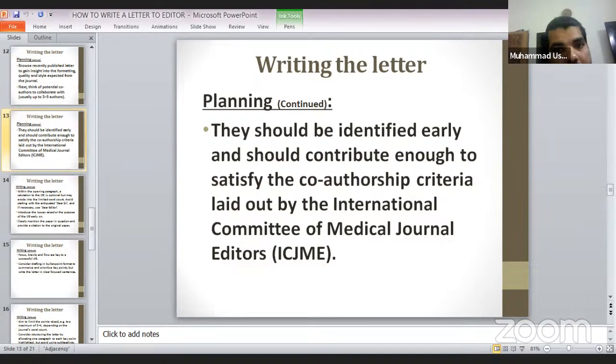There are set guidelines by the ICMJE, the International Committee of Medical Journal Editors, and they have set the criteria that you should not include any person who has not contributed significantly and substantially to be labeled as an author. So if any co-worker says, oh, please put my name in your publication, and you just put his name in the publication, it is against research ethics, and you should not be doing it.